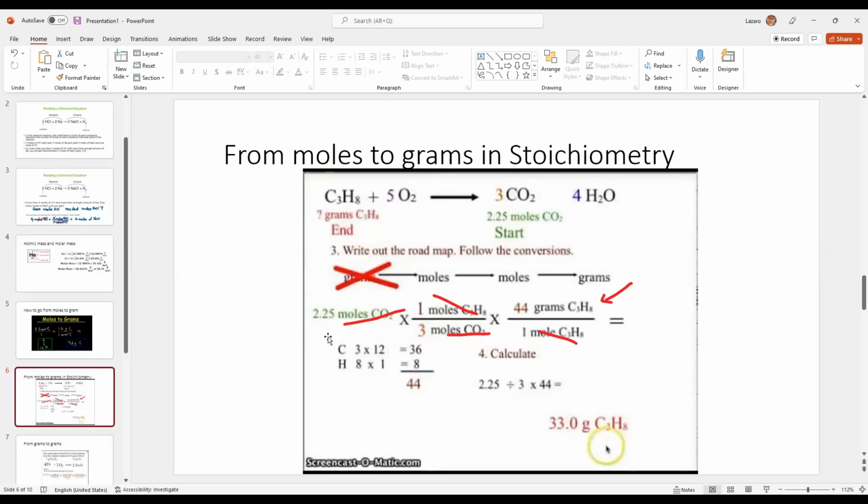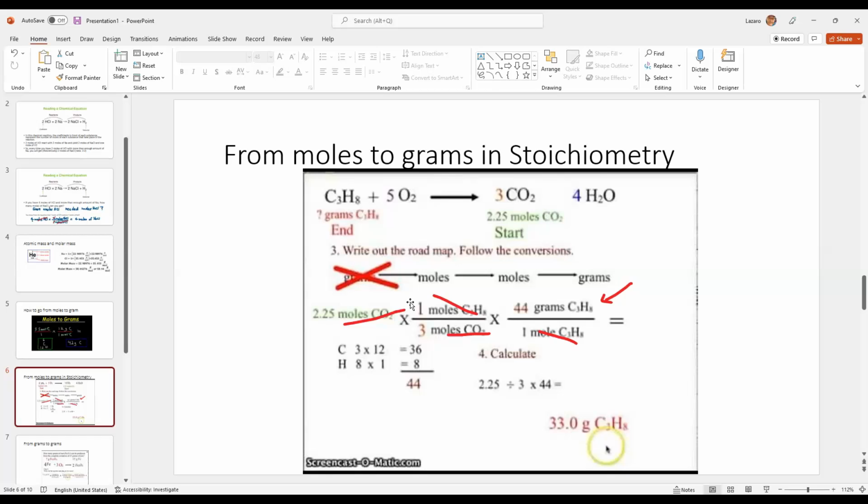Let's begin. What is given? 2.25 moles of carbon dioxide, but you know that 3 moles of carbon dioxide can be produced per 1 mole of C3H8. And you know that 1 mole of C3H8 is 44 grams of this substance. How do you know this? By the molar mass of this substance.